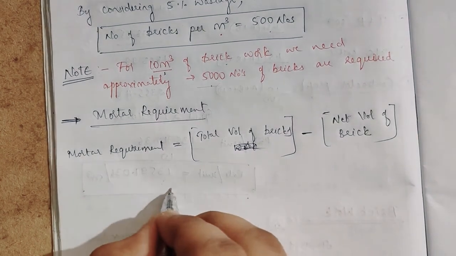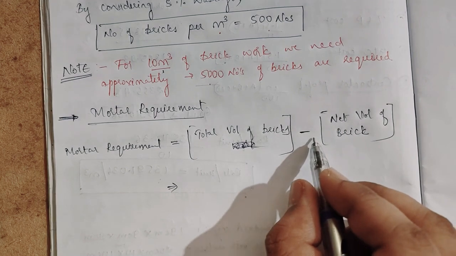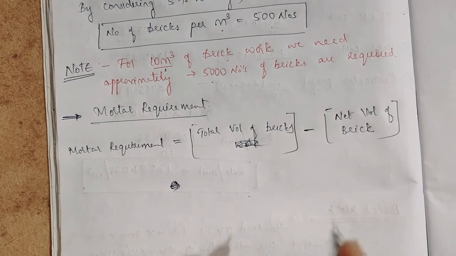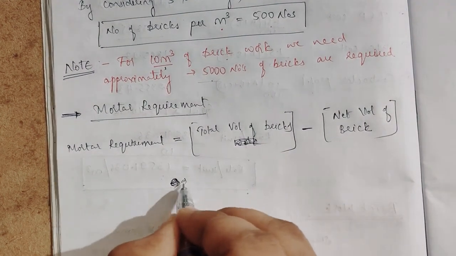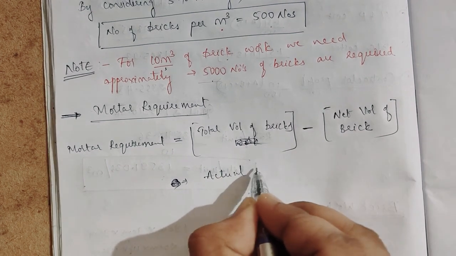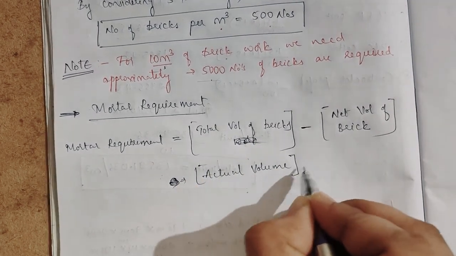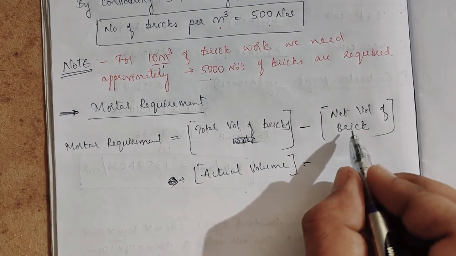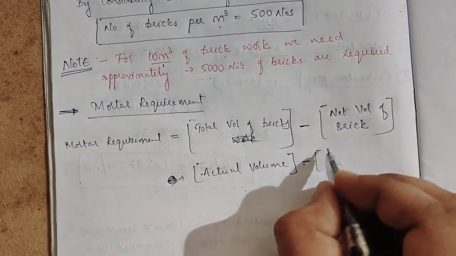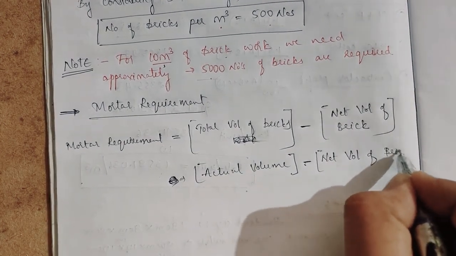So mortar requirement is total volume minus net volume of bricks. What is the total volume of bricks? The actual volume, right? So you should not confuse. The actual volume minus net volume. The net volume is the volume of bricks prepared at the factory. How much volume is that? That is the net volume of brick.